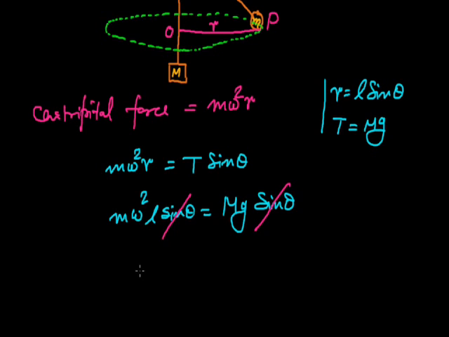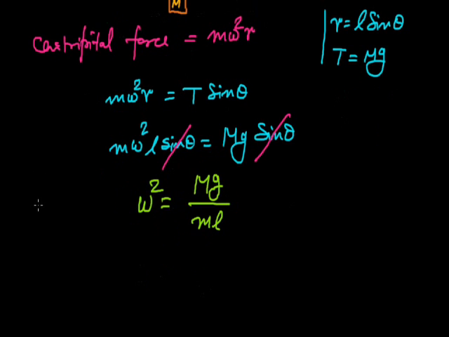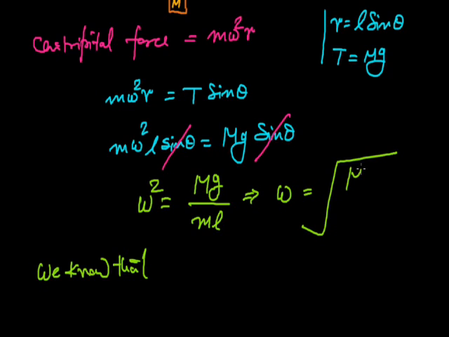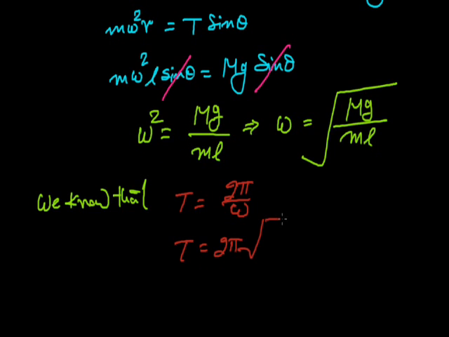Then omega square is equal to capital Mg upon small m L, which implies omega is equal to root of capital Mg upon small m L. We know that time period is 2 pi by omega, so T is equal to 2 pi root of small m L upon capital Mg.